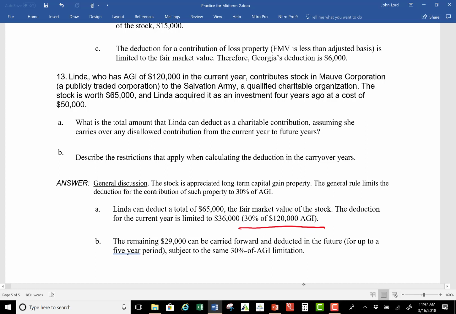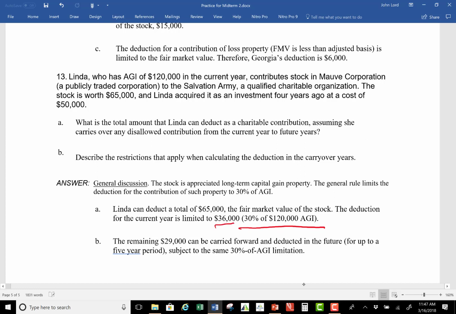So even though it's a 50% organization, we can contribute up to 50% of our AGI, but in the capital gain category, we're capped at 30%, right? So the 50% is an overall cap. For capital gain contributions, the cap is 30%, right? Okay, so she can only deduct 36,000.